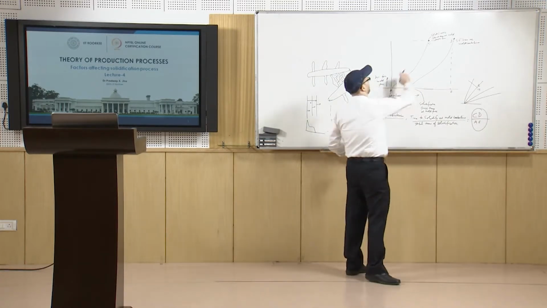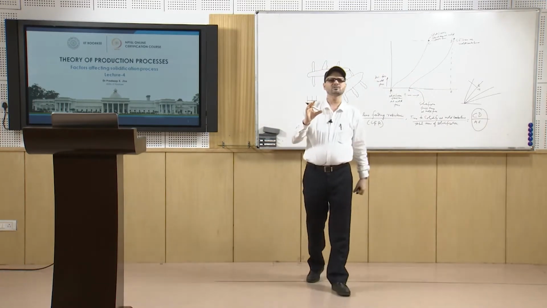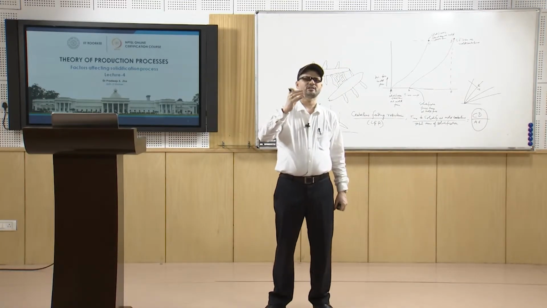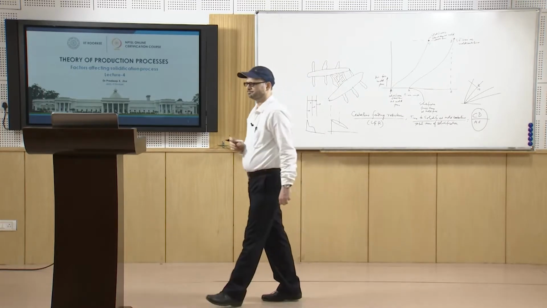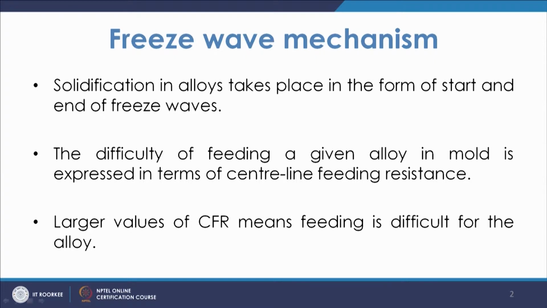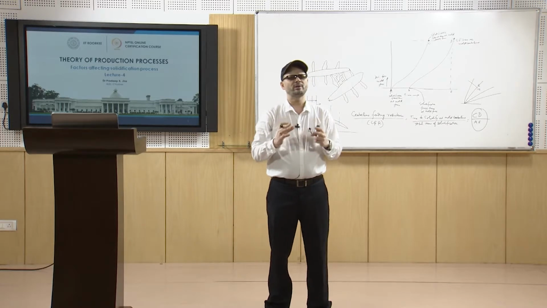So, this is known as the freezing wave mechanism to study the solidification process in alloys. The difficulty of feeding a given alloy in a mold is expressed in terms of centerline feeding resistance, and the larger the value of CFR, the more difficult the alloy is to be fed.